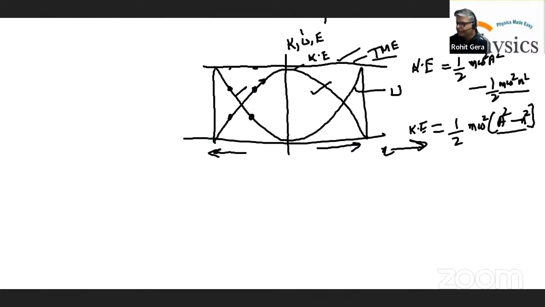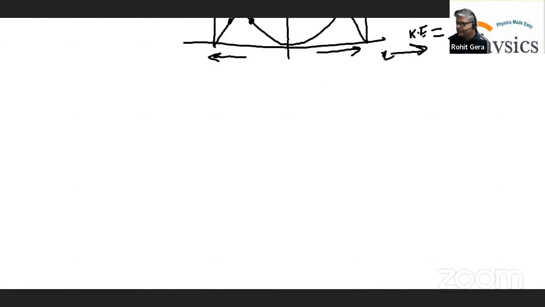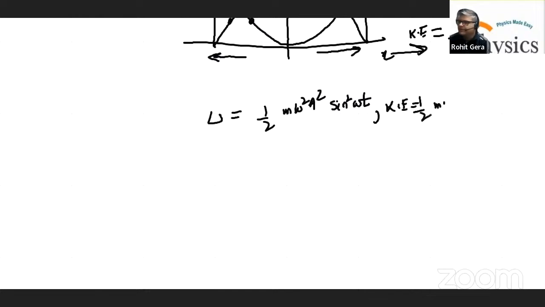And if you have to show the graph of potential energy and kinetic energy with respect to time, okay, which means the expressions which we derived: U came out to be half m omega square a square sine square omega t, okay, and kinetic energy came out to be half m a square omega square cos square omega t.